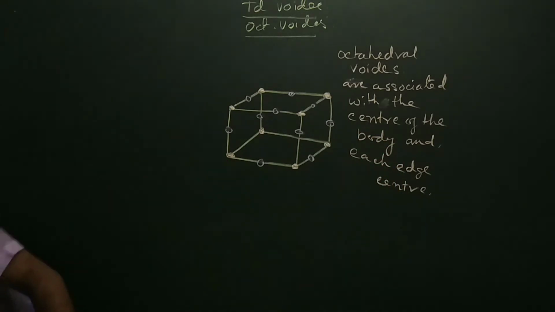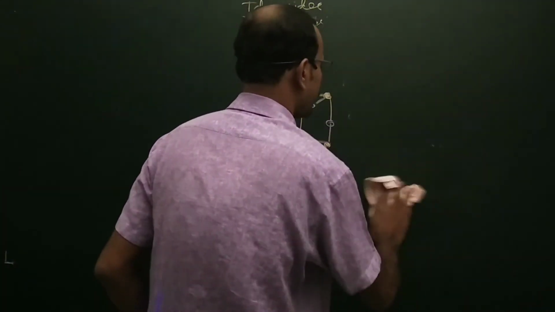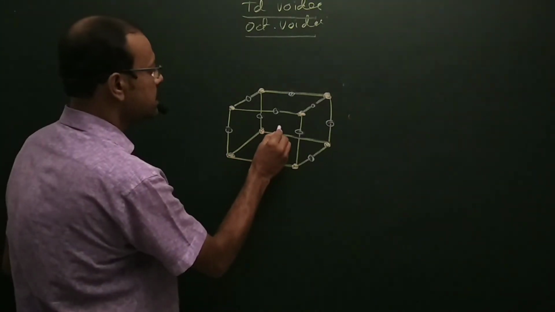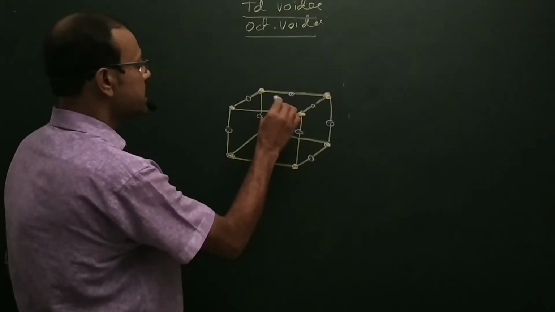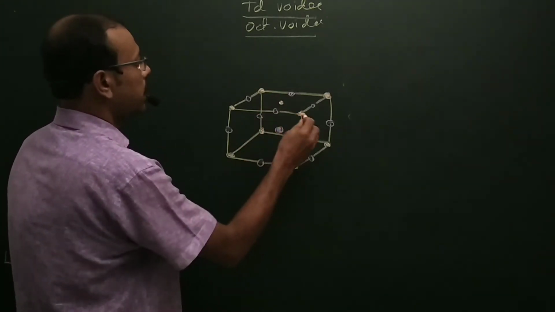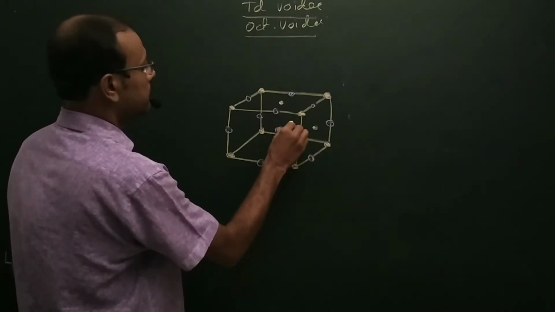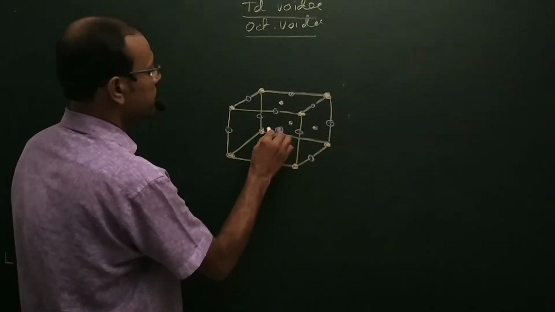So, I am drawing it out. You see, at the center of the body, if this is the void, then this is face centered. So, there are points at the center of each face. This is the backward face, and this is the front face.